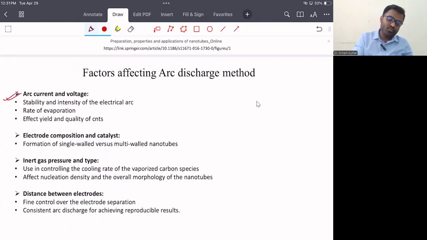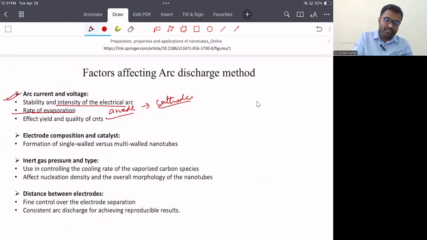First and foremost is the arc current and the voltage. If you want uniform and quality-controlled CNT synthesis, we need control over the intensity of the electrical arc, and at the same time it should be stable. The second is the rate of evaporation from the anode, since evaporation happens from anode to cathode, where it condenses.